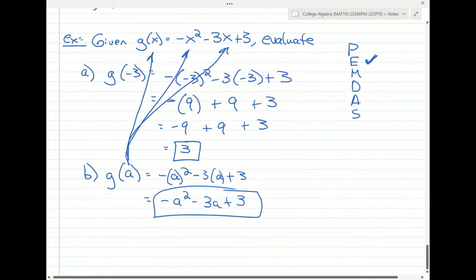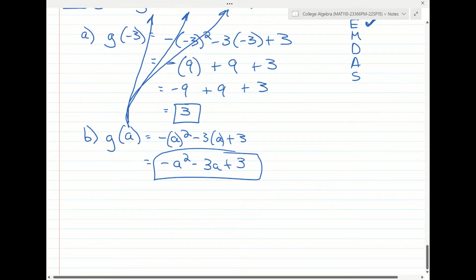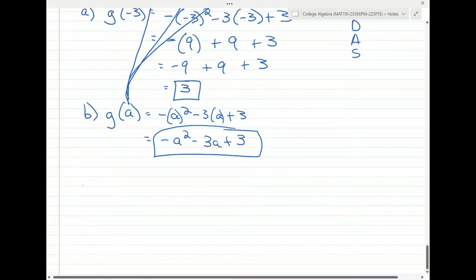More examples, just giving you a little bit of a different angle on this. If I said given h of x is equal to 5x minus 1, evaluate h of x plus 2.